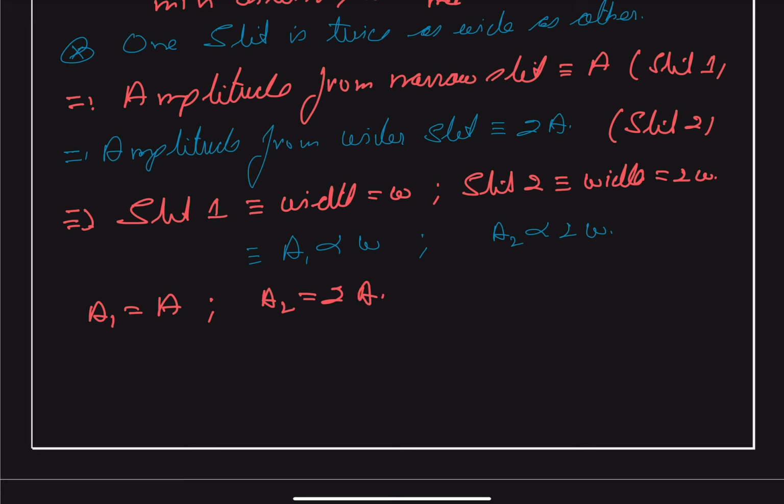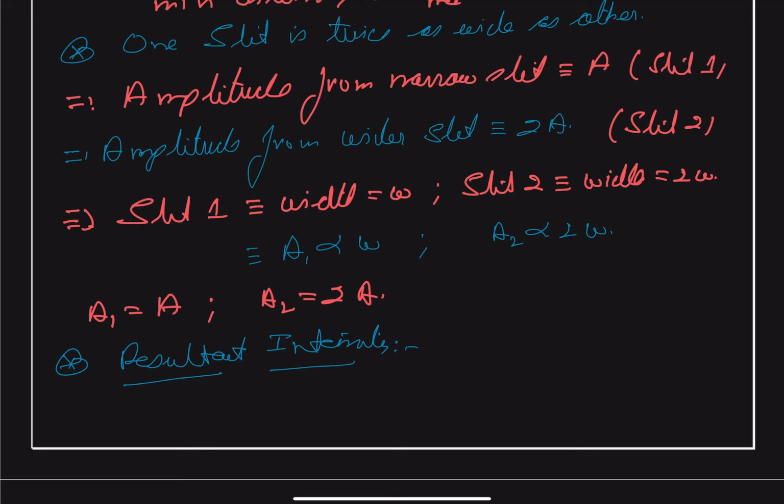Now we can find out the resultant intensity. We have two amplitudes A and 2A, and the phase difference is, let us suppose, phi.